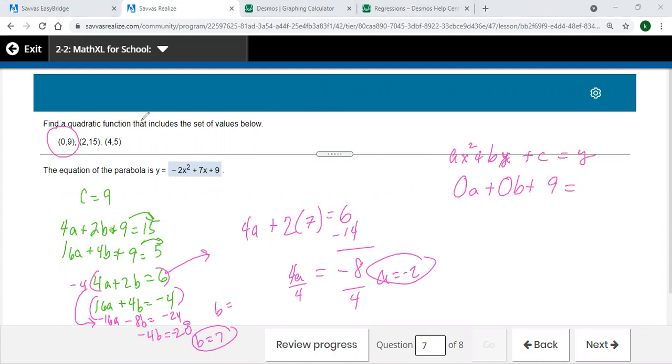So if they put in zeros for the x's there, I got this one spot. That would be a 1.